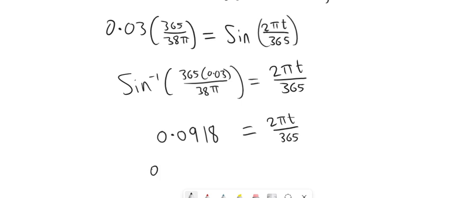So we're going to multiply that by 365 and divide by 2 pi.